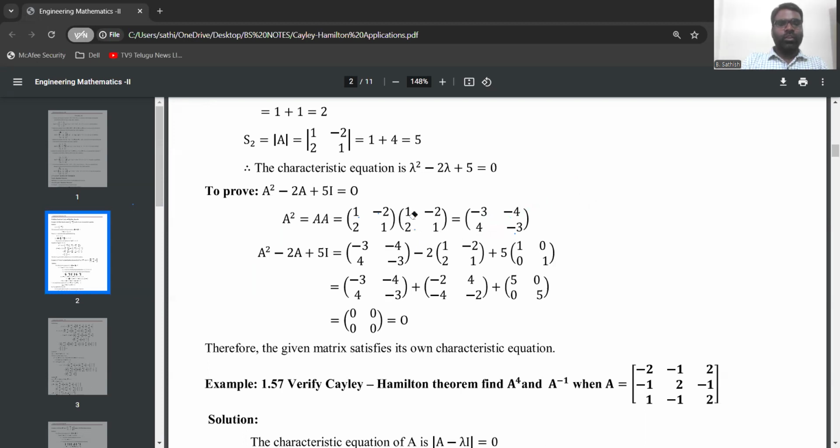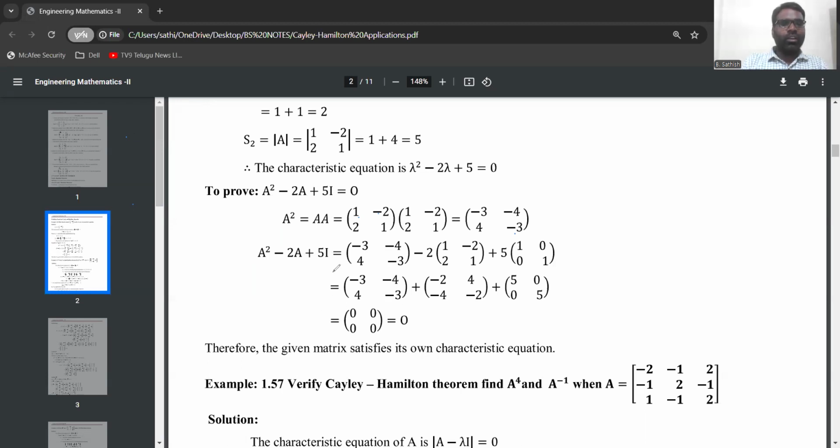So we got the A square value. Now we substitute this A square value in the above equation to verify whether we are getting 0 or not. A square we got just now is minus 3, minus 4, 4, minus 3.